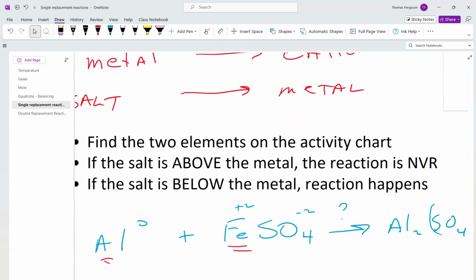So will this reaction happen? Right. The iron, is that a yes? It will happen? Okay. Yes, you just find what's the salt. Iron's the salt. It's below the aluminum. So that means aluminum wants to become oxidized more than the iron wants to stay oxidized.